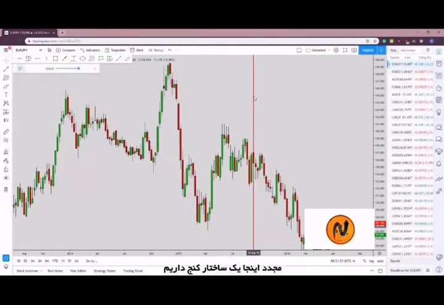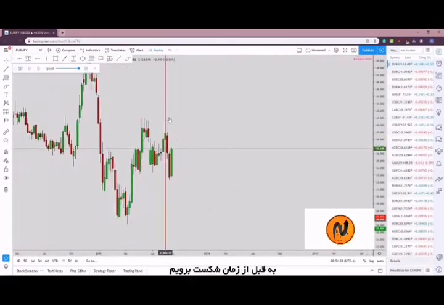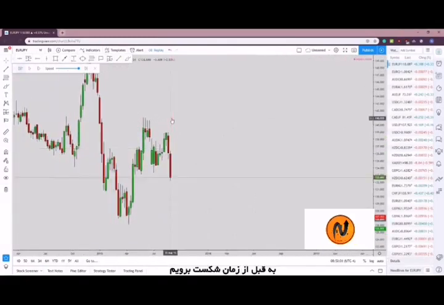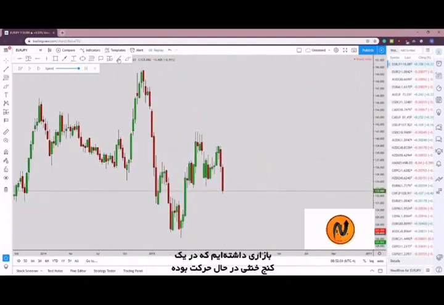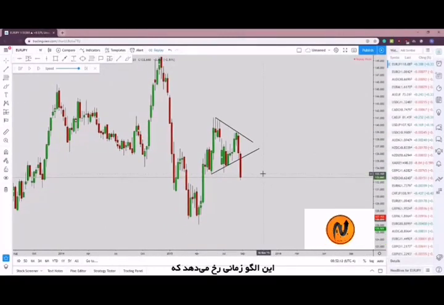Again, here we have another wedge formation. Let's actually go back: as soon as it broke, we had the market moving again in a neutral wedge. And why do we have so many neutral wedges? Because this is what happens when the market doesn't know to which direction it should go.